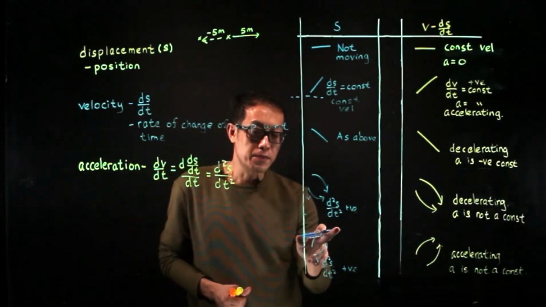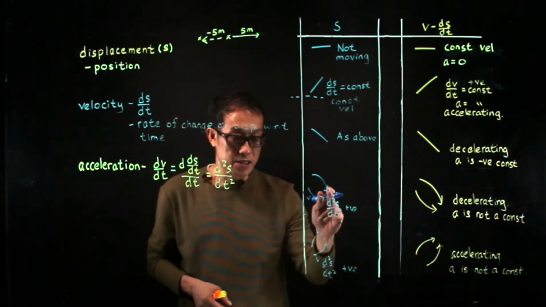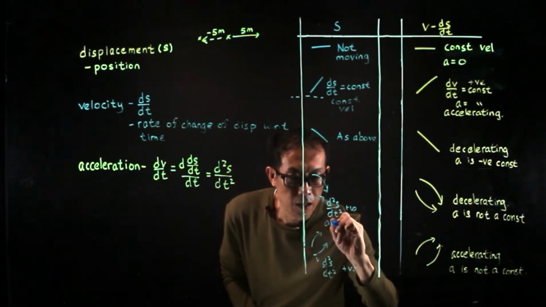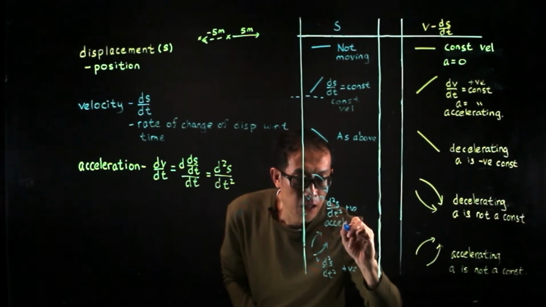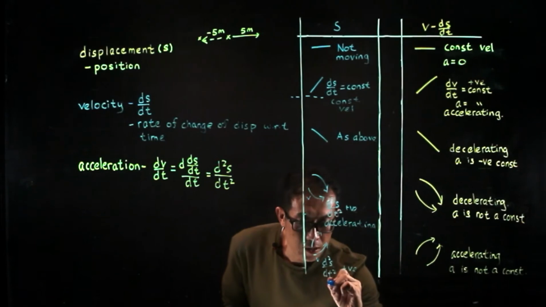Now d2s by dt squared is acceleration, so both mean accelerating.